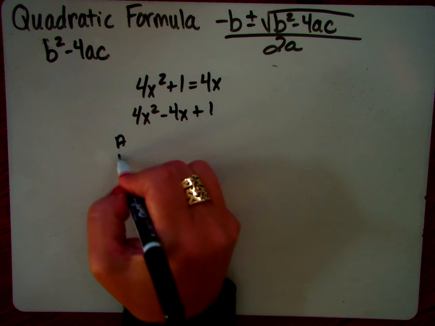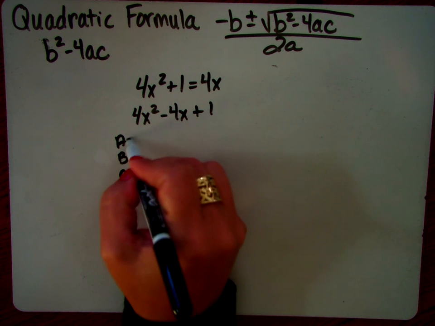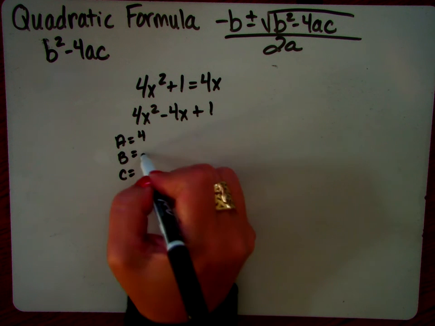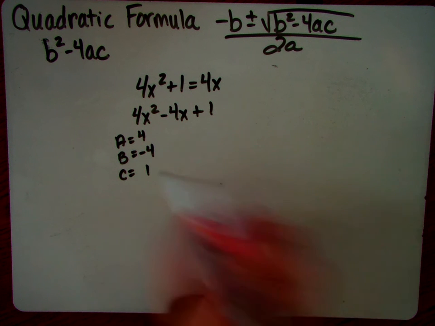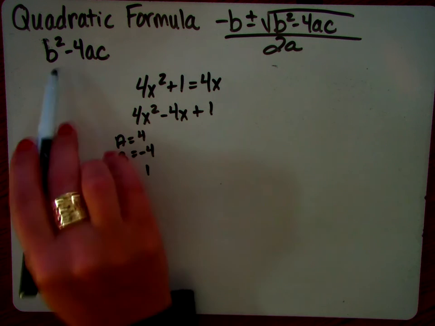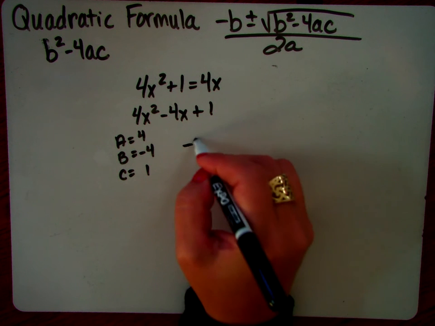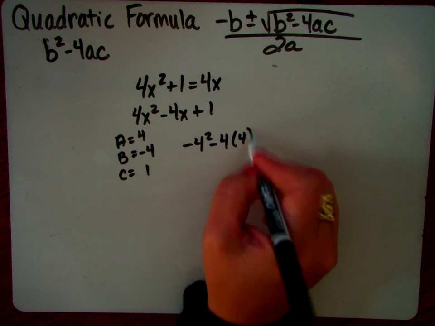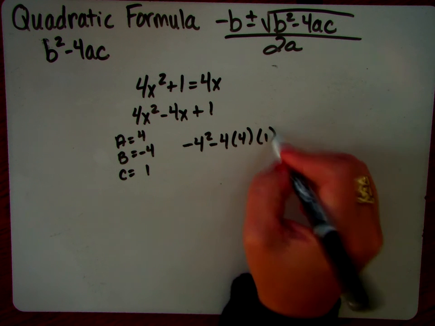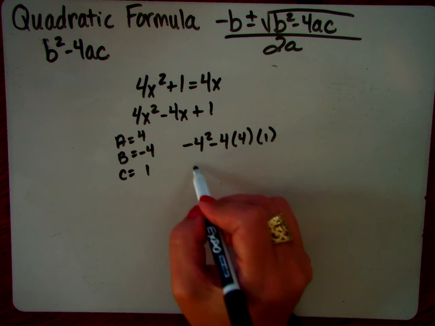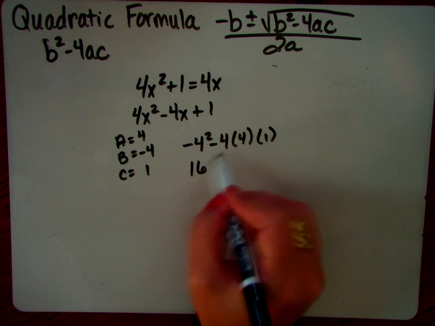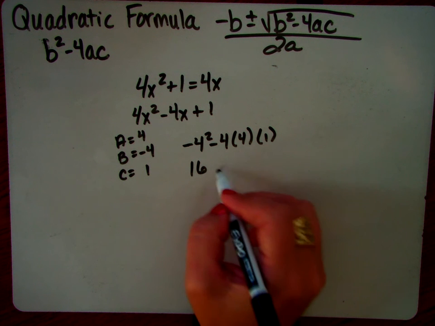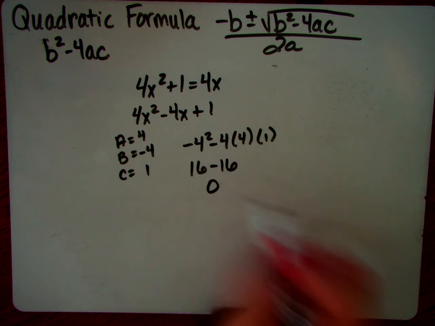So now you can identify your a, b, and c. So a is 4, b is negative 4, c is 1. And you are literally just going to plug them in. So negative 4 squared minus 4 times a, which is 4, times c, which is 1. Going to give you a 16 here. This is negative 16 times 1, which is still negative 16, and I get a 0.